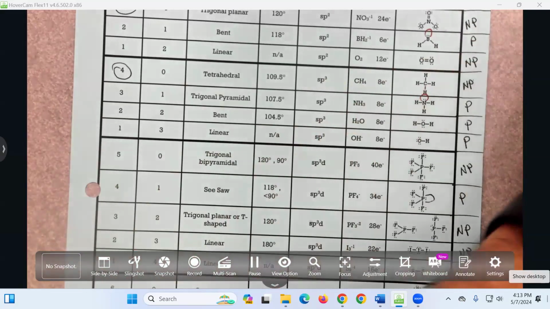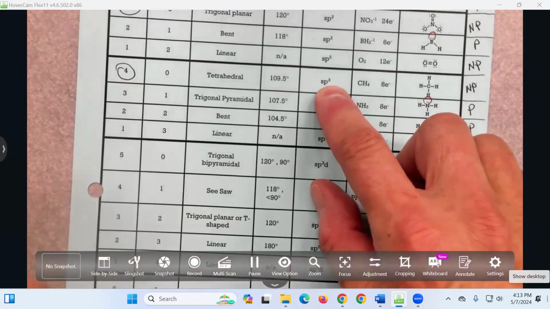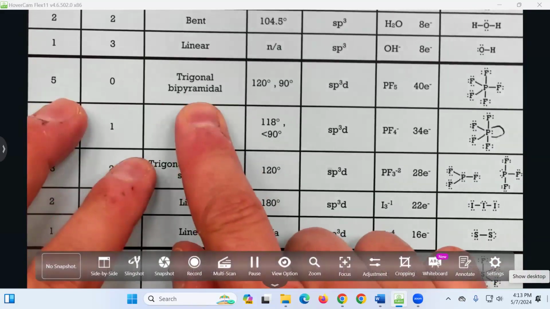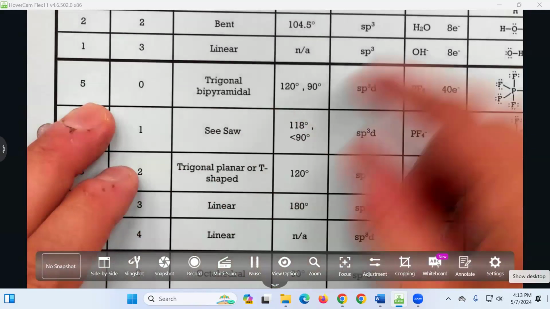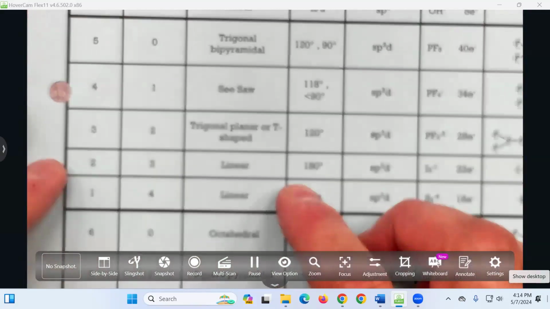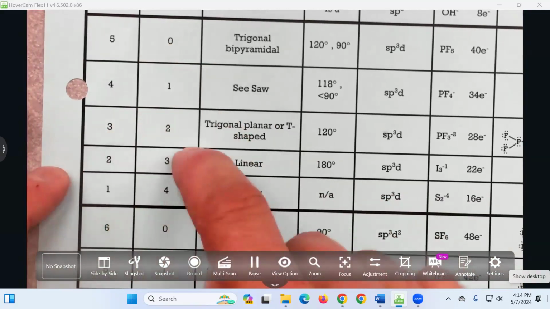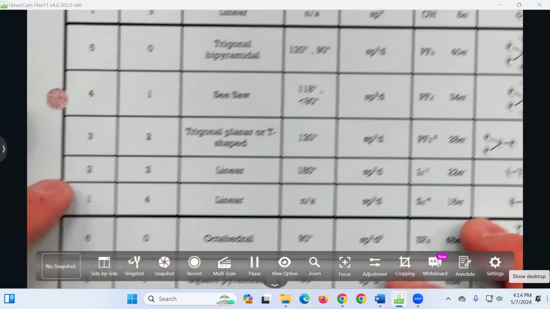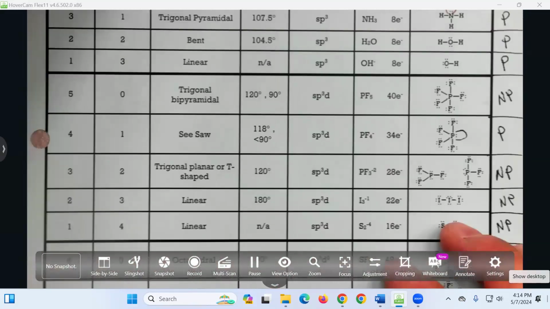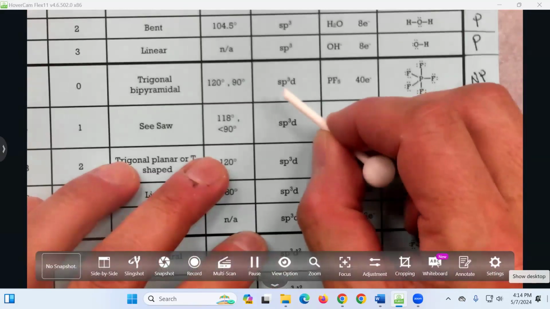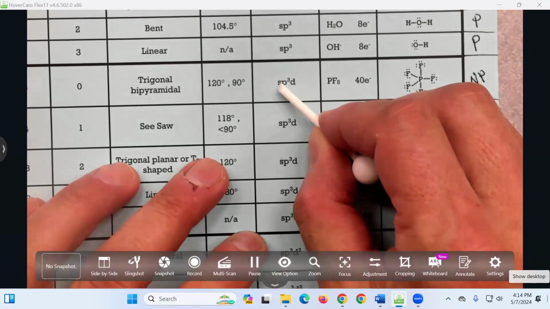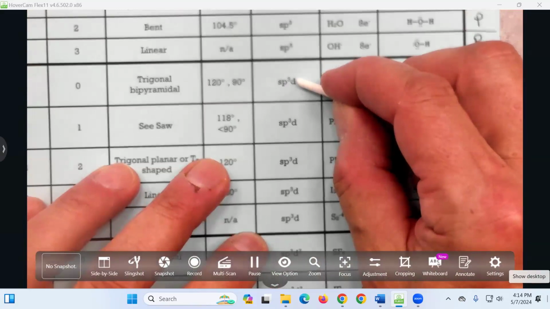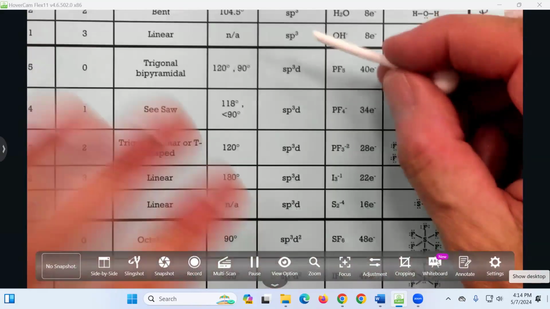So sp3 again is 4. Then we go to 5. If your electron pair geometry is 5, it doesn't matter if it's 5-0, 4-1, 3-2, 2-3, 1-4. My hybridization adds up to 1 s, 3 p's, that's 4. And if you add a d, that's 5, right? My hybridization, we're going to look at the video.